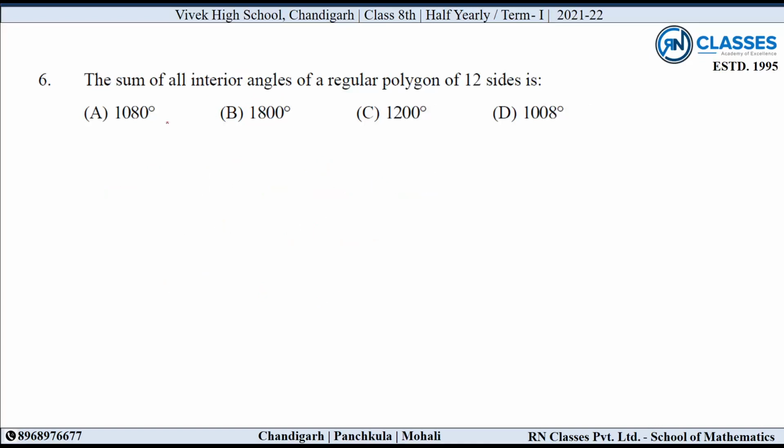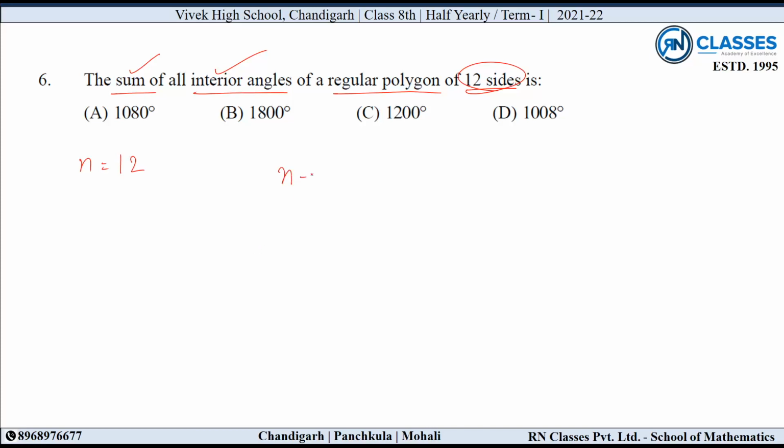Question 6. Sum of all interior angles of a regular polygon of 12 sides. Sum of all interior angles. Okay, it is a 12 sided polygon, n is equal to 12. Now we don't know how to find the interior angles of a polygon directly, but we know triangles. Can we divide it into a number of triangles? How many triangles will be there?